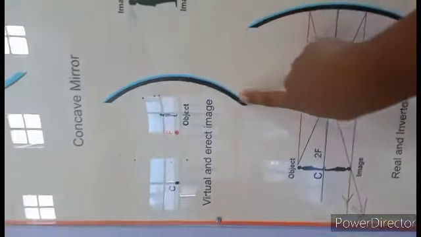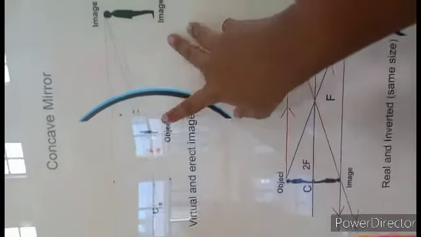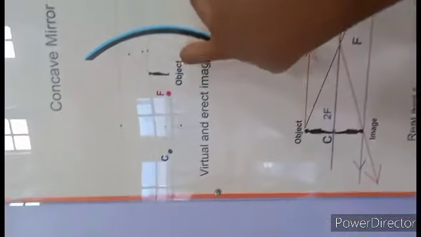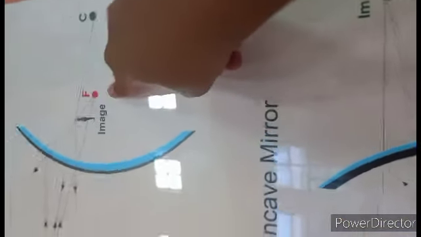The concave mirror, virtual and erect image. So this is the... no, wait. It was the convex mirror. So this is the object. I was taller, and then I was fatter and smaller because of these rays that we had studied before.